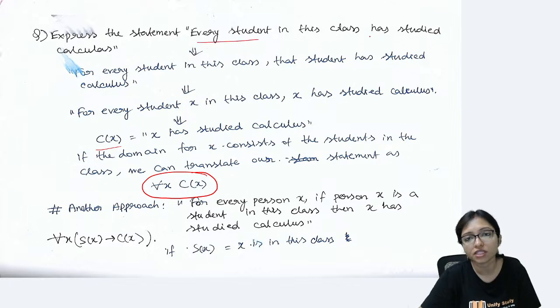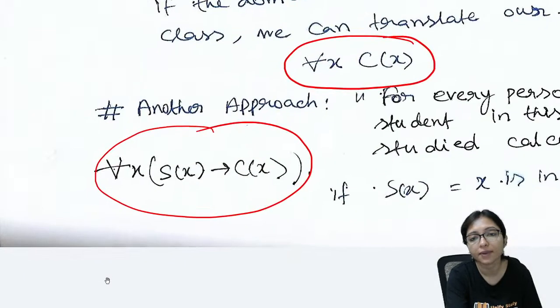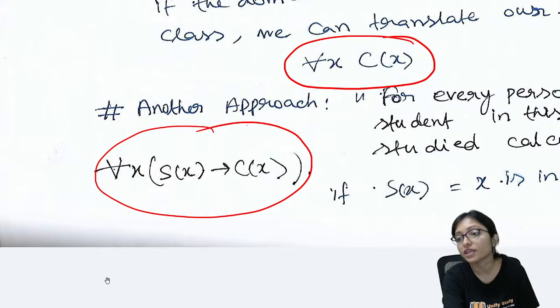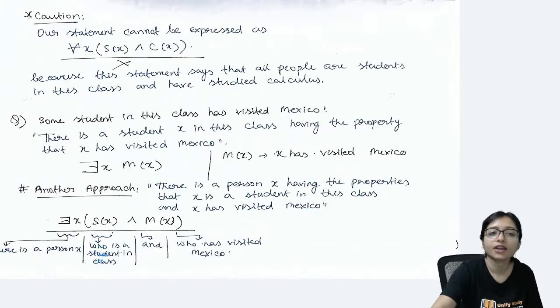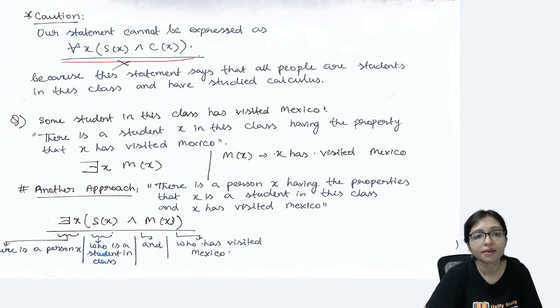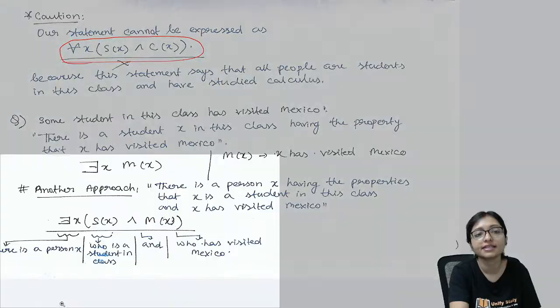Every student in the class has studied calculus. For all can be written as for all x, S(x) implies C(x). With the for all we can use implies, but we cannot use "and" here because the meaning is changing.